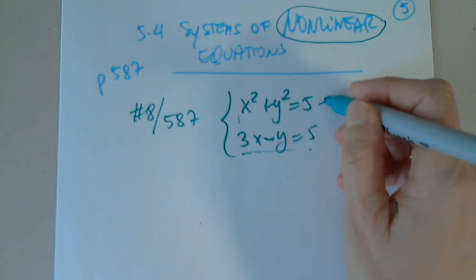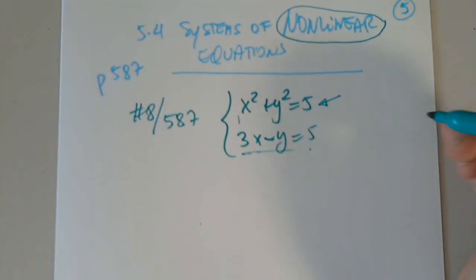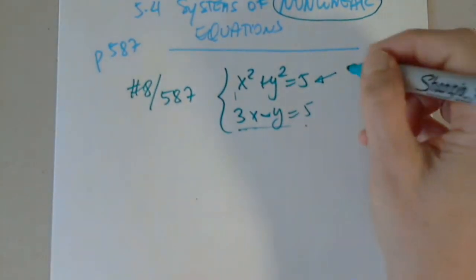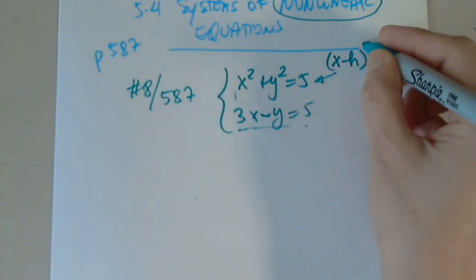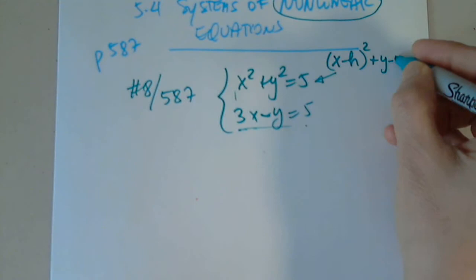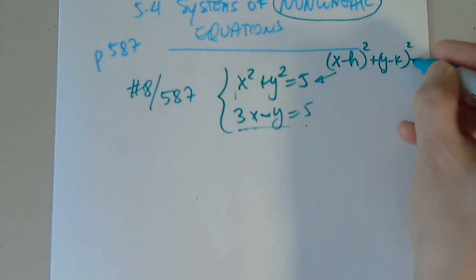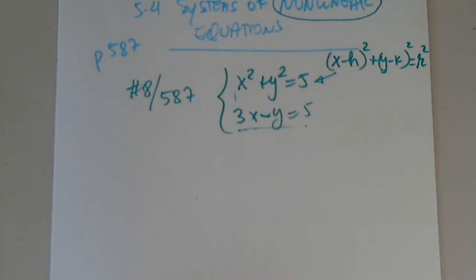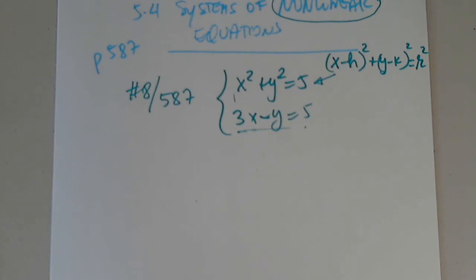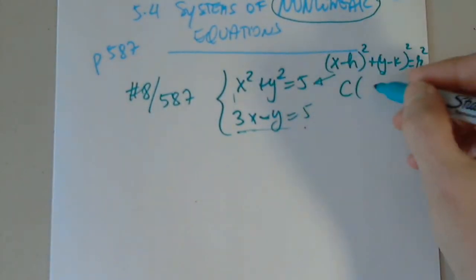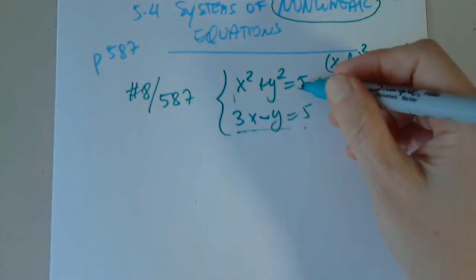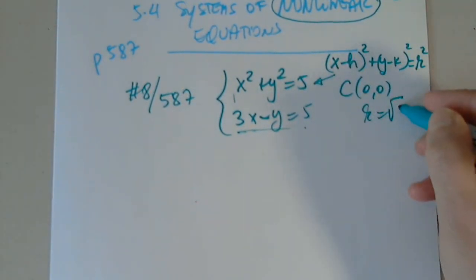What is this? I can give you a hint on the side. That's my hint. What is this? Circle. Yes, it is a circle centered at the origin with a radius of the square root of 5.